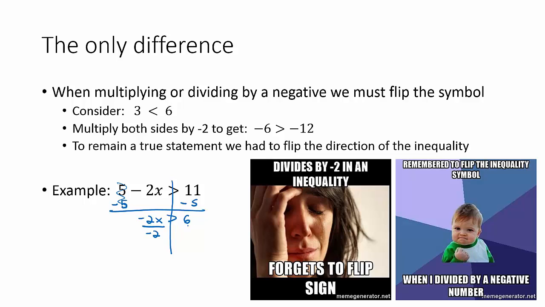Divide both sides by the negative 2 to get the x alone. But notice what we've done is we've divided by a negative. So our inequality is going to flip directions. Now it's going to point the other direction. So x is now less than negative 3.